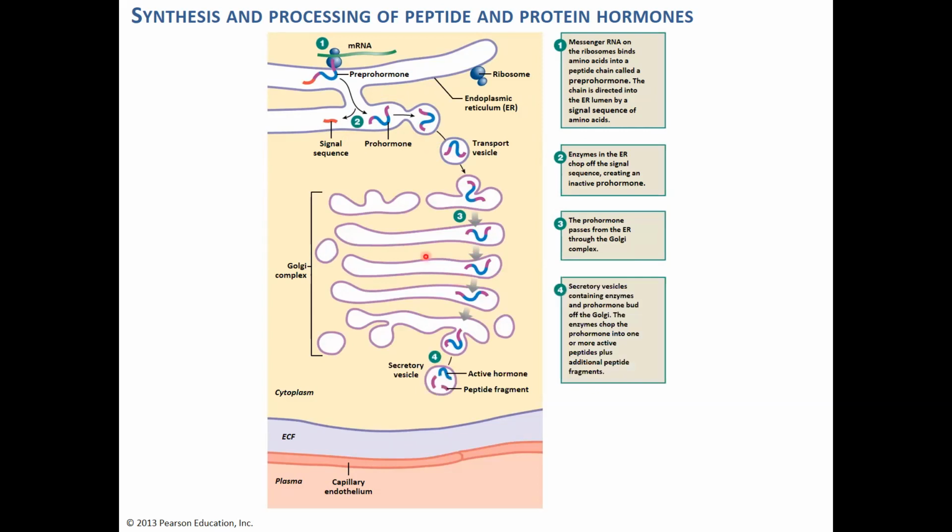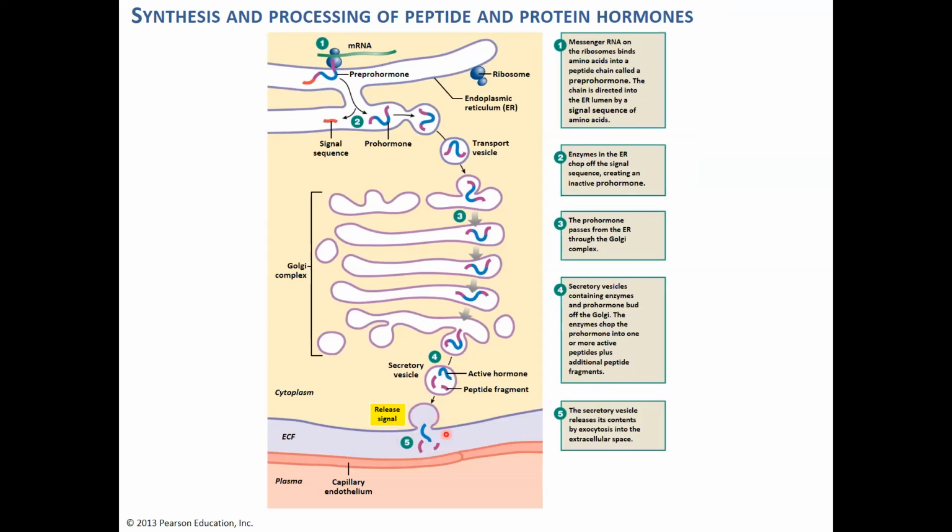In that secretory pathway, it can undergo other post-translational modifications, proteolysis, glycosylations. At the end of that, you see that we have the active hormones produced by this proteolytic cleavage. It may also be glycosylated. Maybe it forms disulfide bridges. In the secretory vesicle, you have the active hormone and the different peptide fragments, which are all going to be released at the same time. When you have a signal, either an increase in cyclic AMP or an increase in calcium, it's going to cause that vesicle to fuse with the plasma membrane.